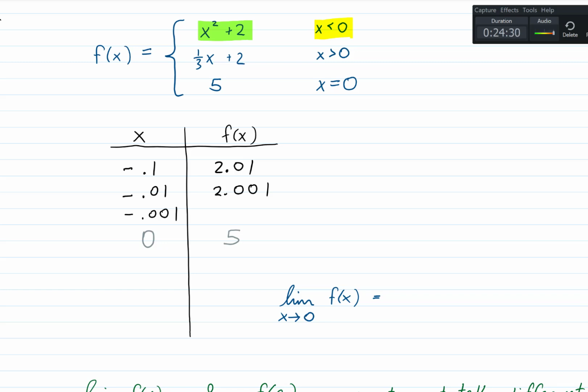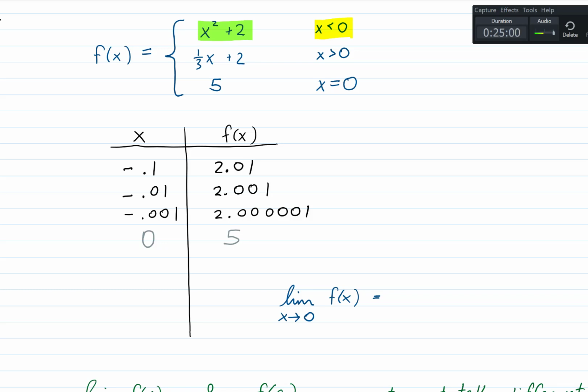And when I plug in negative 0.001 into the function, I get a y value of 2.000001.